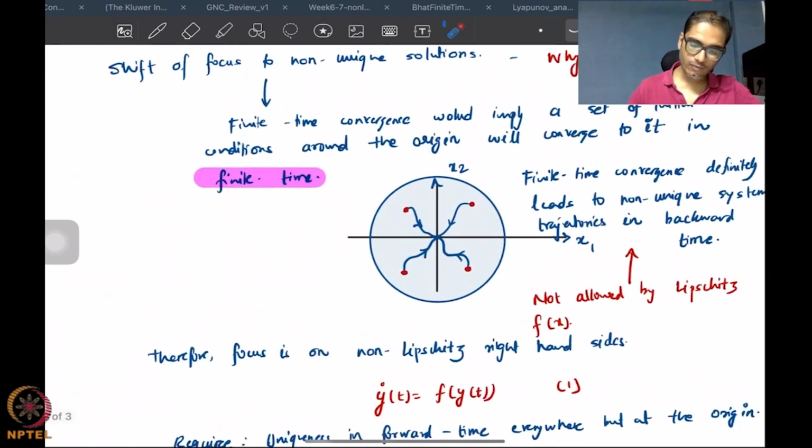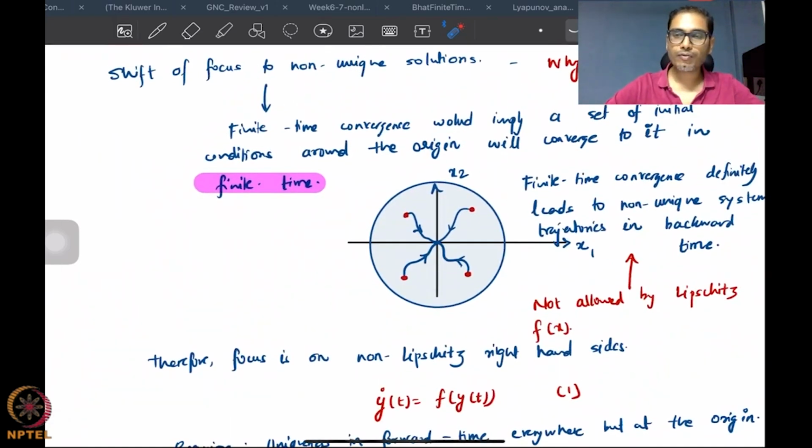However, because we are looking at notions of finite time stability, it is not quite possible to have unique solutions from the origin, especially in backward time, and therefore we do not require it even in forward time.